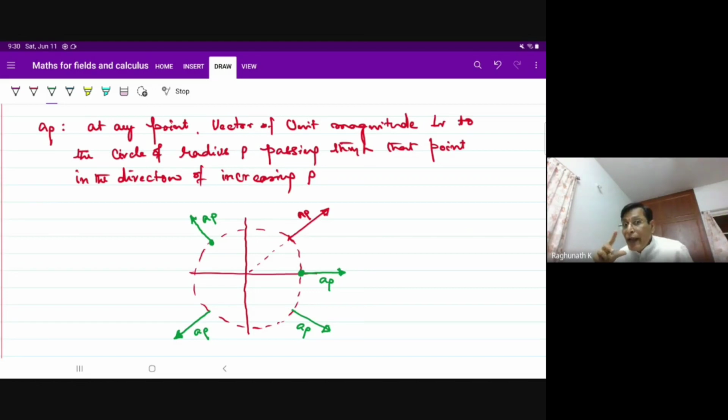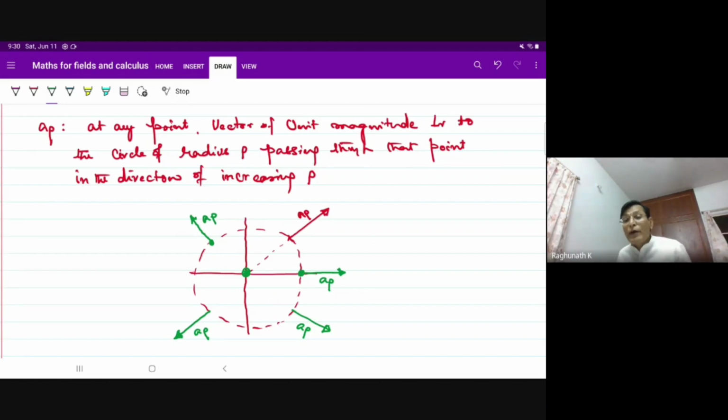Whenever the field created by an object, by a source, has circular symmetry, like, if I keep a charge at the center of this, wherever you go in the circle, keep another charge Q at that point, the force of attraction or repulsion will be along a rho.